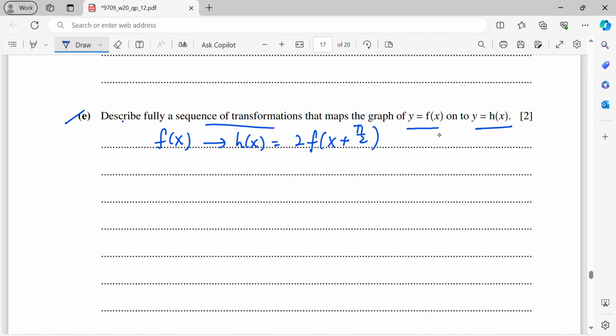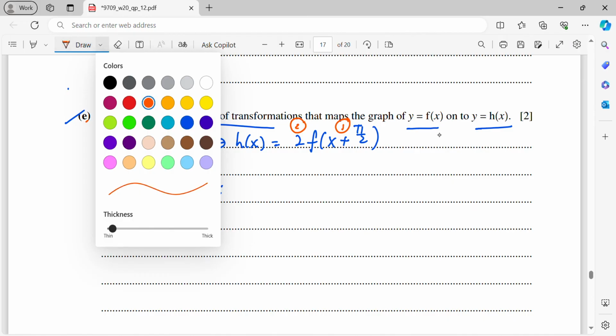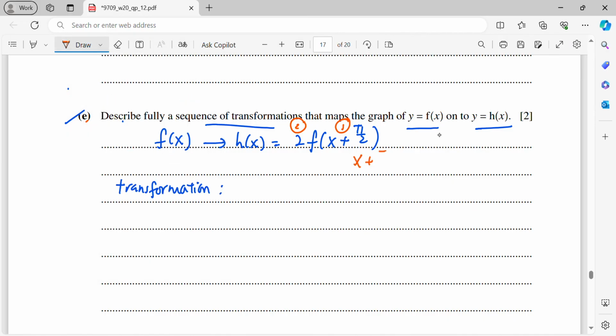From here, your first transformation is x plus half pi. The second transformation is the 2. You let x plus half pi be 0. That means your x is negative half pi.